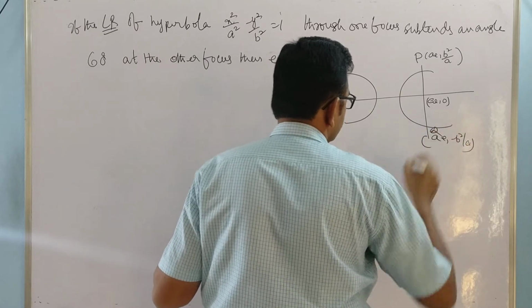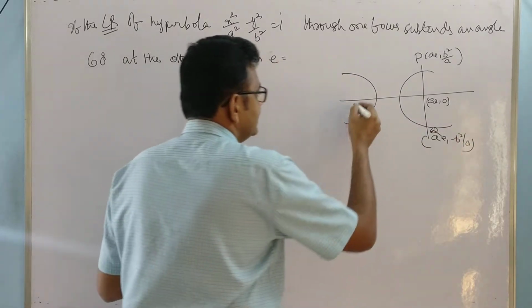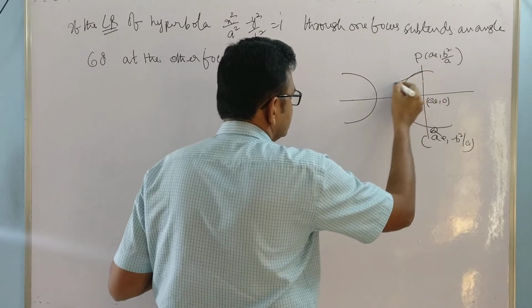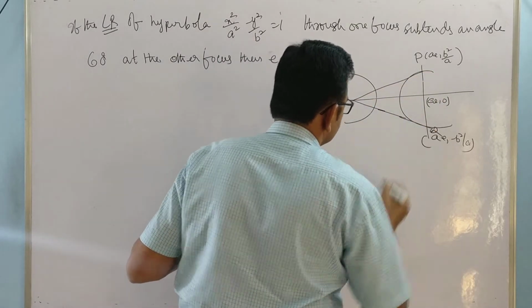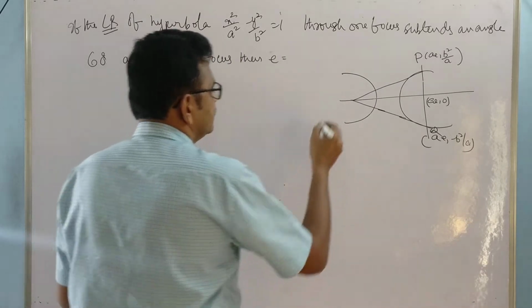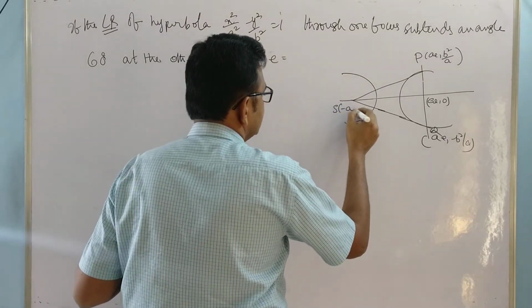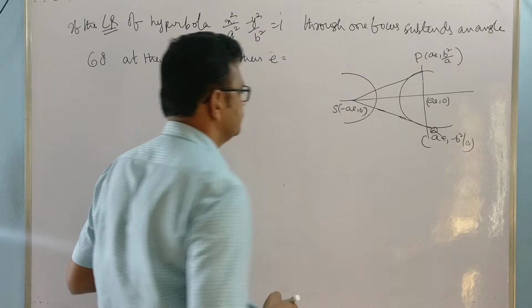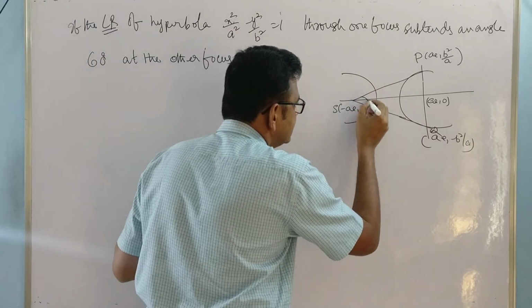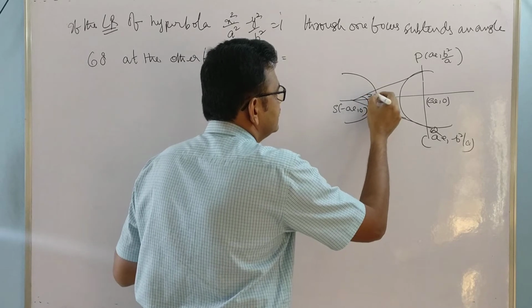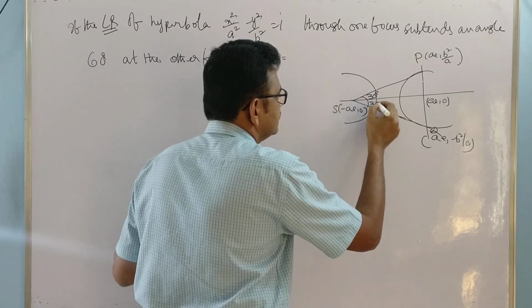These are the end points of the latus rectum, called P and Q. This subtends an angle of 60 degrees at the other focus, S dash, which is minus ae comma 0. This makes an angle of 60 degrees, which means this is 30 degrees and this is 30 degrees.